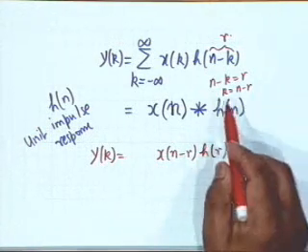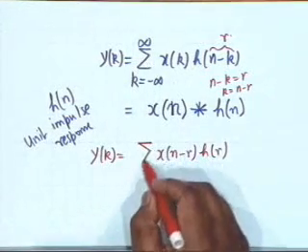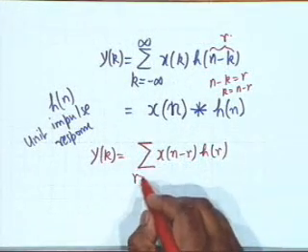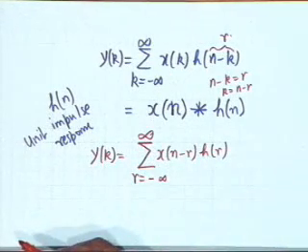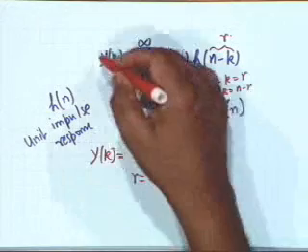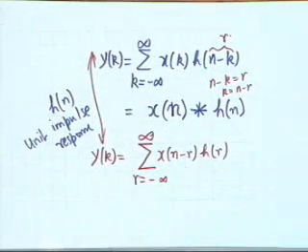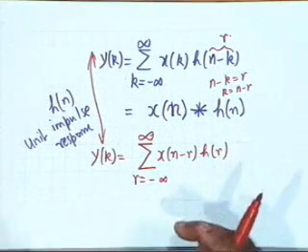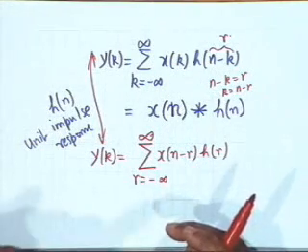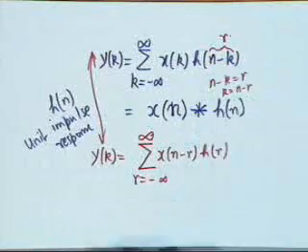Now when k goes from minus infinity to plus infinity, what happens to r? r also goes from minus infinity to plus infinity, right? And therefore these 2 summations are identical. That is, this shows a very important relationship, that you can shift either the unit impulse response or the signal, it doesn't matter. All right, the 2 are the same.